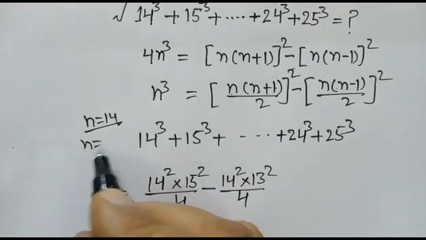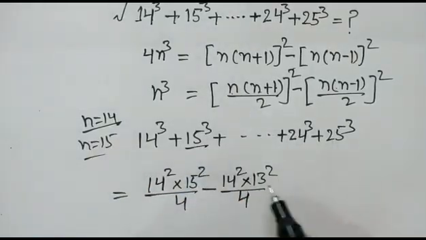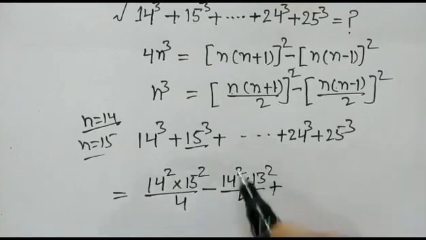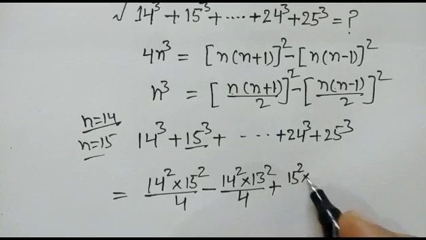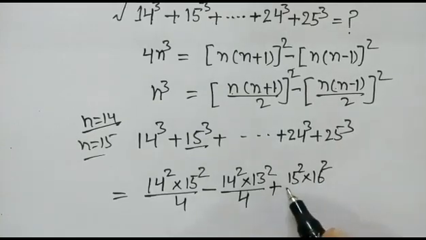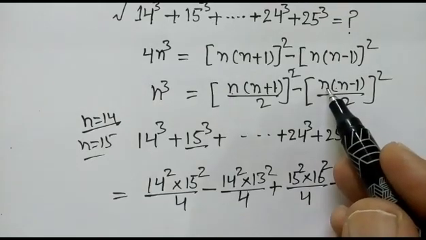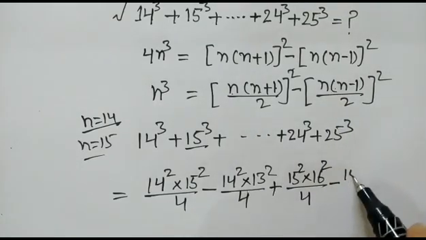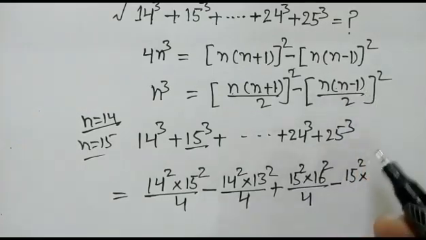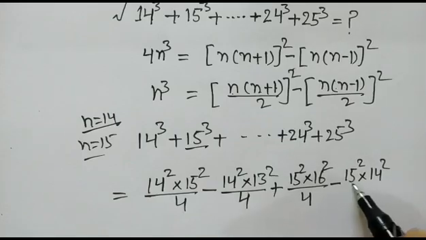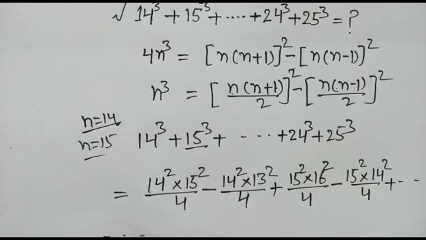Now we take n equal to 15. Plus 15 square into 16 square over 4, minus 15 square into 14 square over 4, plus up to, plus.